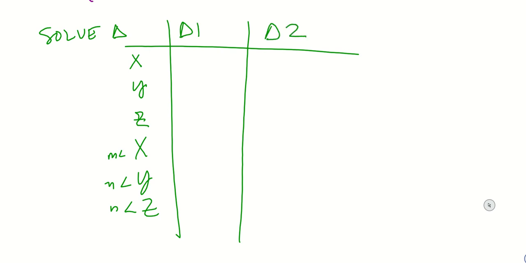Well, for both of them, we know that the measure of angle x was 26 degrees, so that's going to be the same. For both of them, we knew that side x was 50 centimeters. We knew that side z was 80 centimeters.